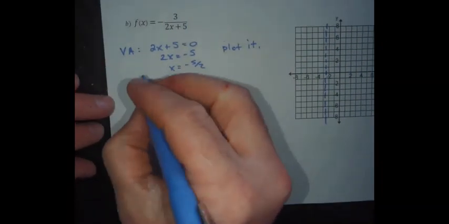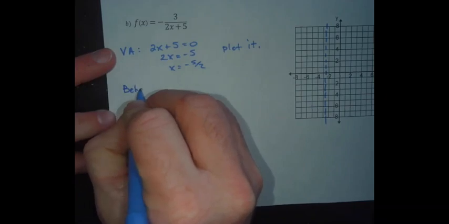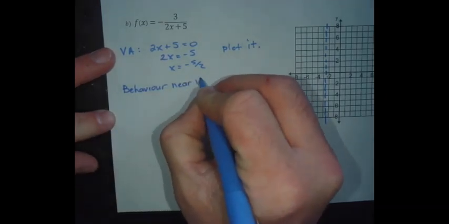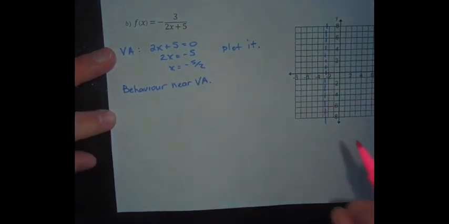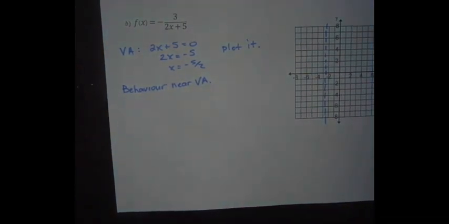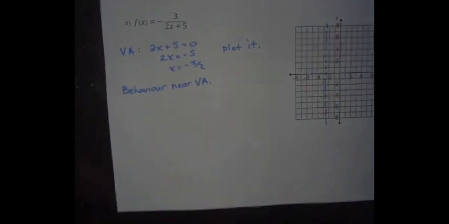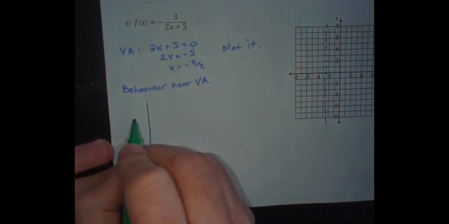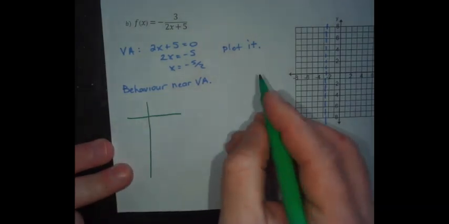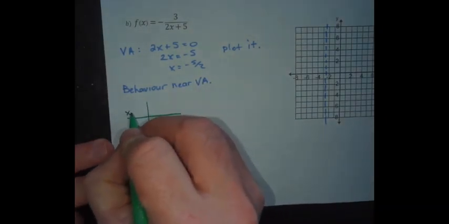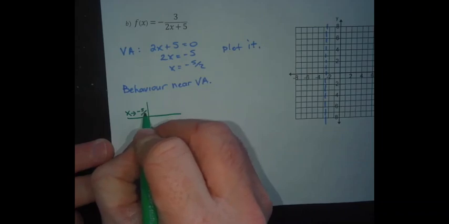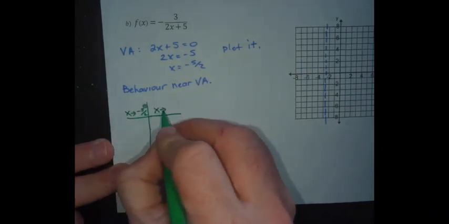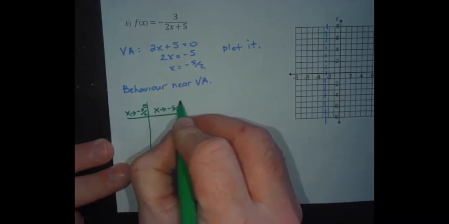All right, we want to look at the behavior near your vertical asymptote. This may be a little bit different, so there might be a little trick with this one. We want to approach negative 5 over 2 on the left side, and we want to approach it on the right side.